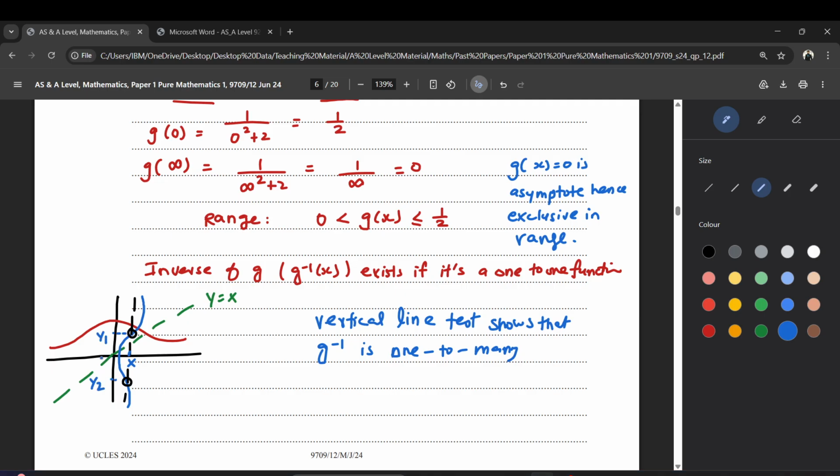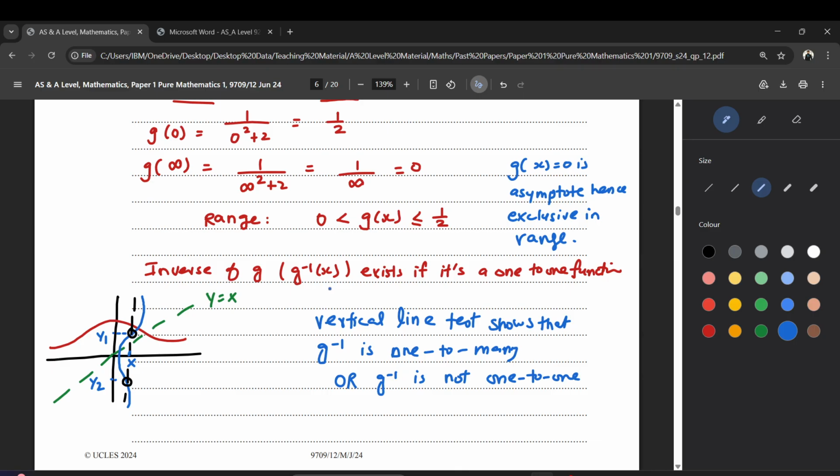So a function cannot exist. This is not a function at all. This is a relationship between the variables x and y. So therefore, we will say that this is one to many, or you can also say that g inverse is not one to one, because we already established the criteria for finding the inverse, right?